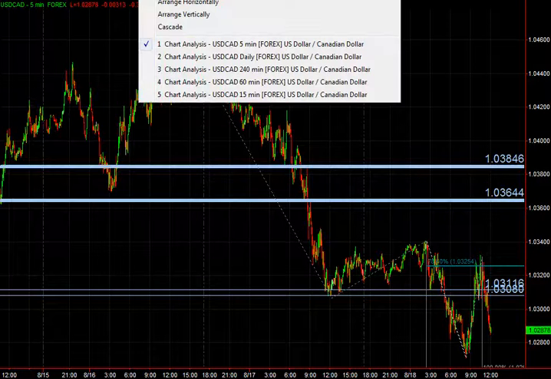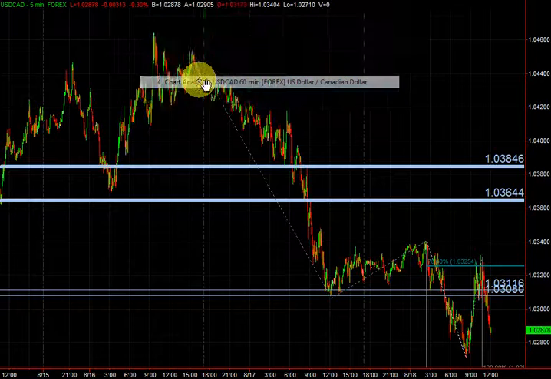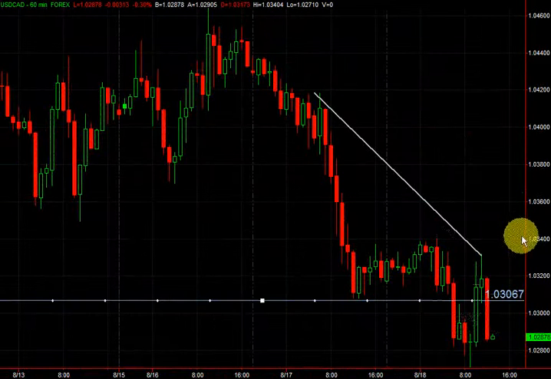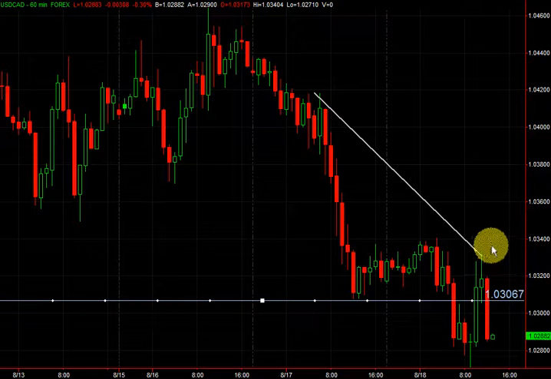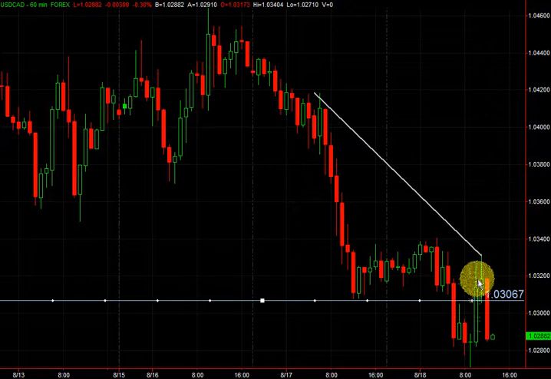Now we look at the 60-minute time frame. The 60-minute time frame has drawn what we call an evening star. An evening star is a candlestick formation. It has drawn it close to a trend line.